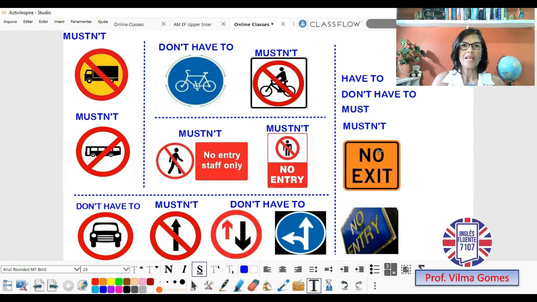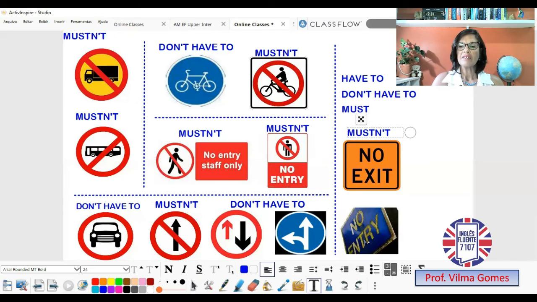Só que quando você chega perto, você vê esse sinal, no exit. Você pode sair por ali? No, of course not. No, it's a prohibition, right? It's a mustn't. No exit. You need to look for another exit. Tem que procurar por uma outra saída, porque por essa você está proibido, é contra a regra.